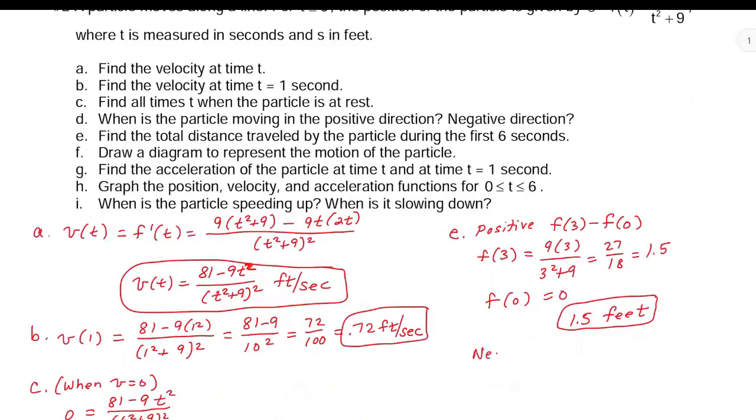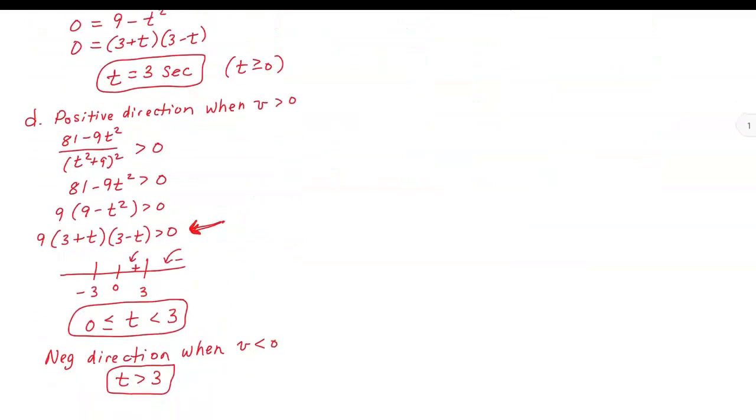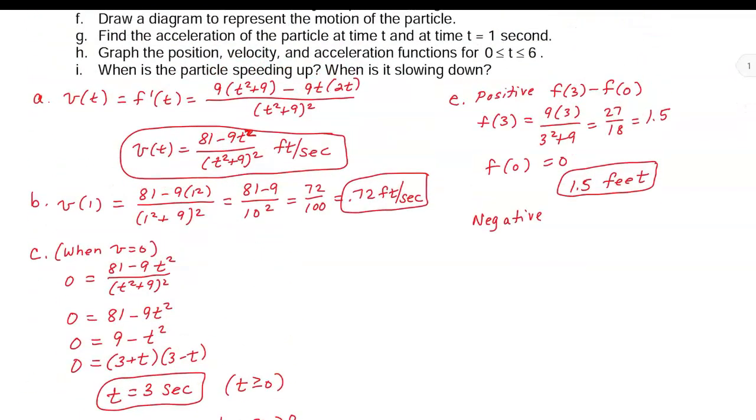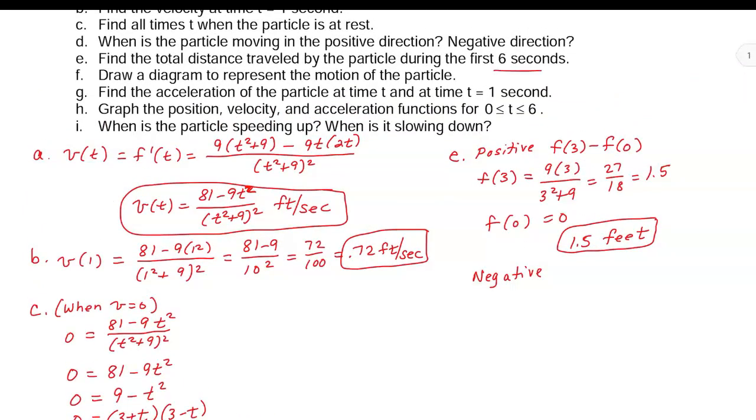Negative direction, we know, happened from our last response when t is greater than 3. And they said up until t equals 6 in letter E for the first 6 seconds. So we're going to find f of 6 minus f of 3. And we want the total distance traveled. So when we go to find f of 6, we're going to substitute that into f.